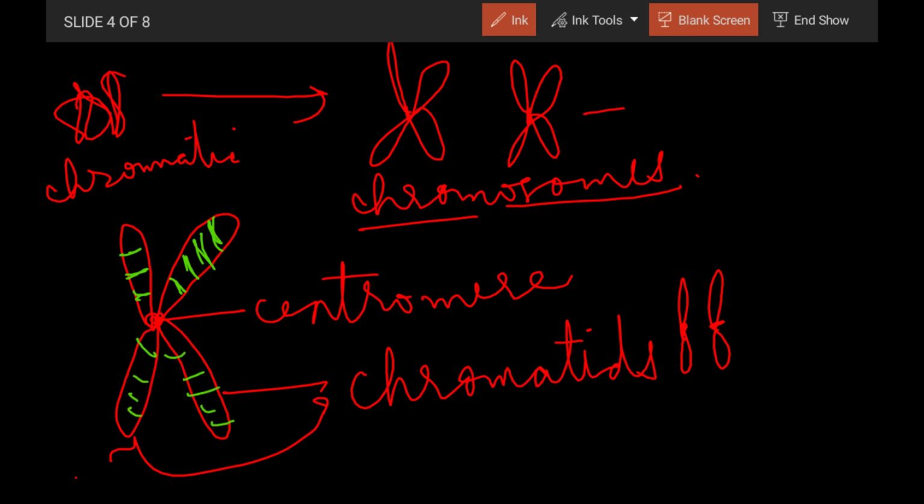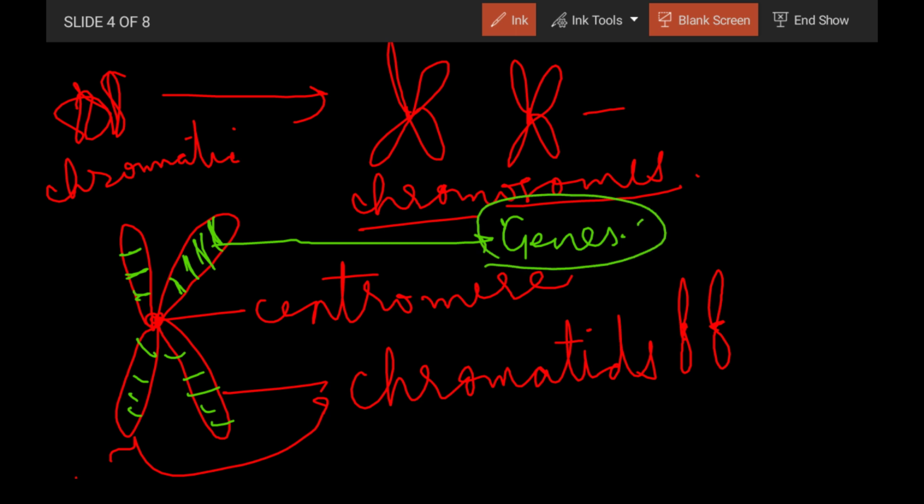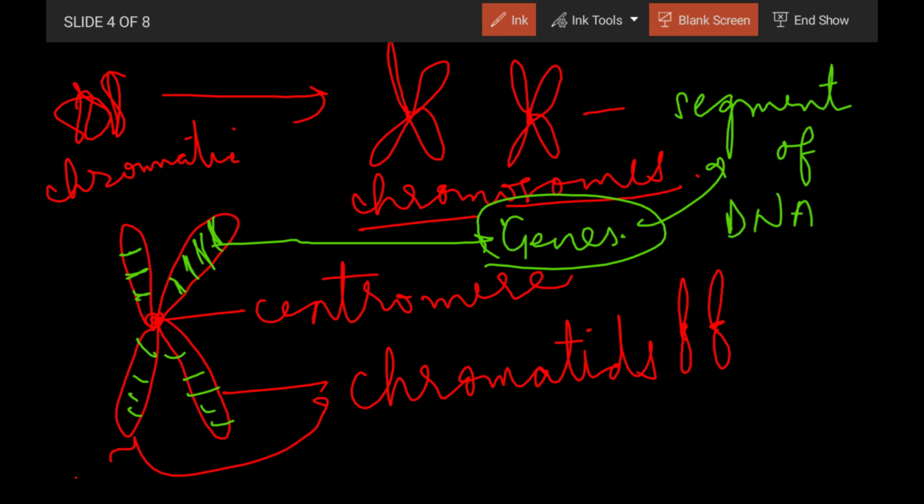This is the hereditary information in the form of genes. Genes are segments of DNA. This is the functional unit of DNA, a segment of DNA.